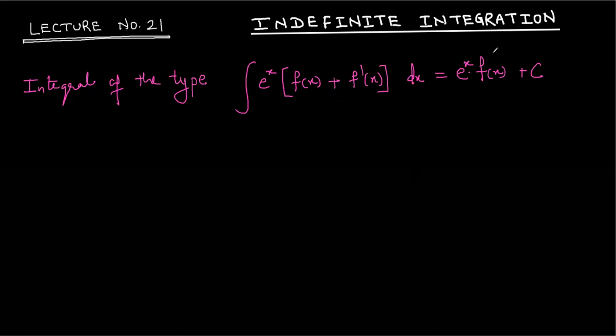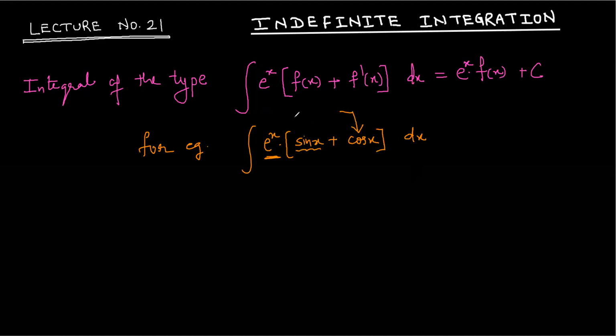So let me give you an example for this. For example, if you have the integral of e raised to x, sine x plus cos x. Look at the integrand. You have e raised to x multiplied by a sum of two functions, and one of them is the derivative of the other.